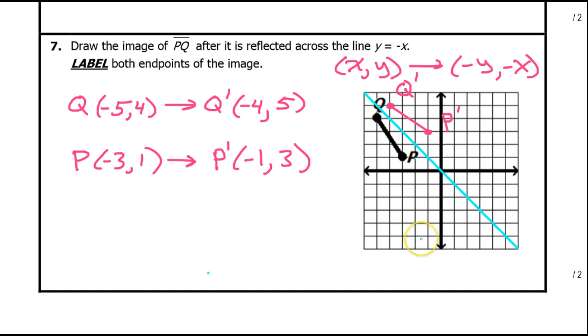All right, and the point of mentioning this, after we've already solved the problem, is a way of double checking your answer. If you know that the line y equals -x is this downward facing diagonal line, then you can glance back at your answer and make sure that they look like mirror images of each other across this line. And they do, so we're good.